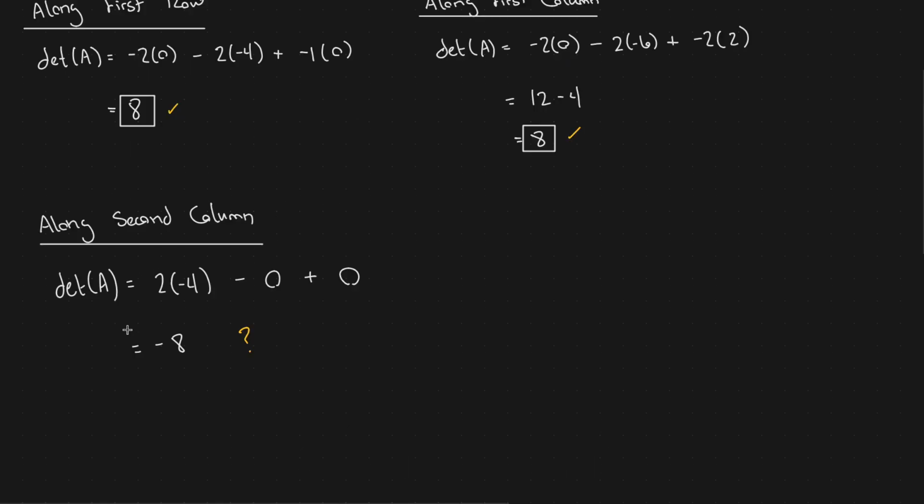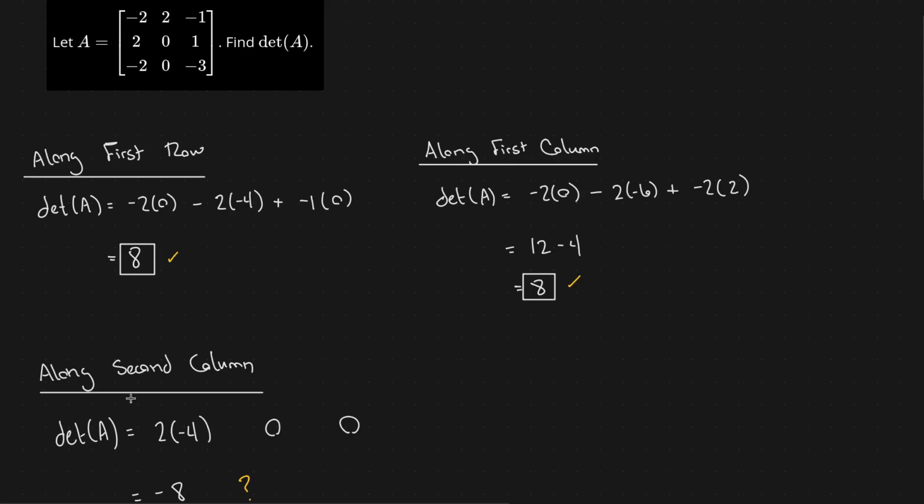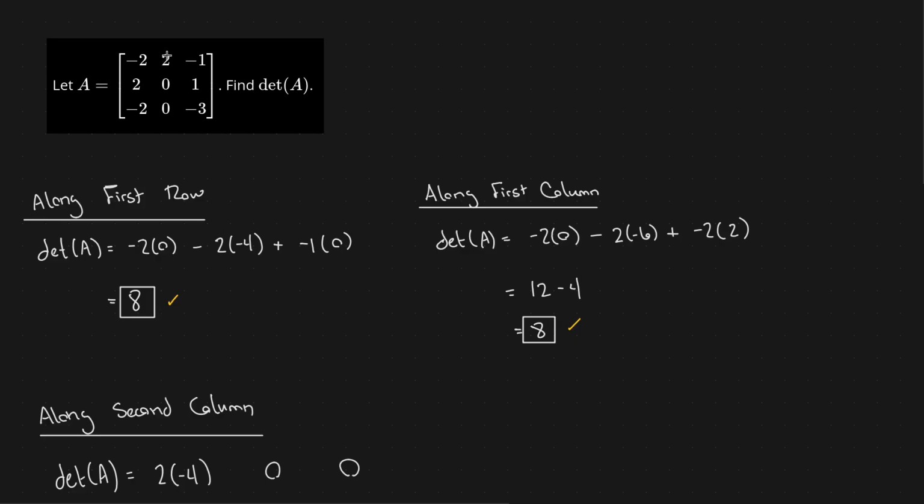Okay? So in our case, for our determinant, we actually got the signs wrong here because this is along the second column. Okay, when we expand along the second column, we think of this as a negative, this is a positive, this is a negative. Those are the signs that would go in front, right? Because we always start with a positive in that first entry.